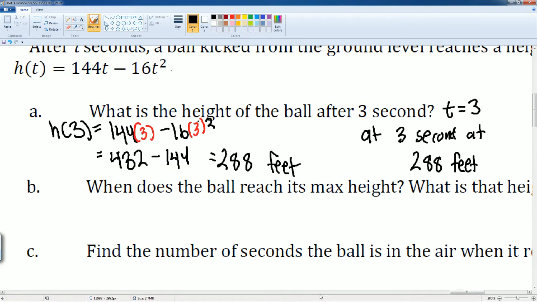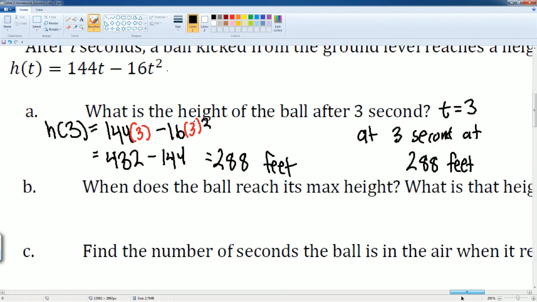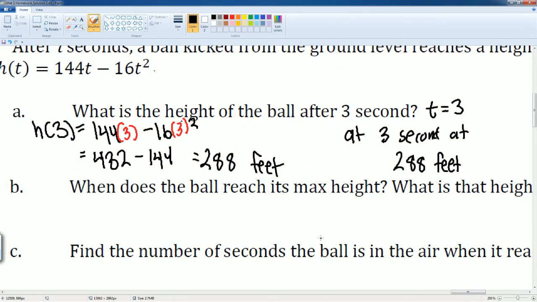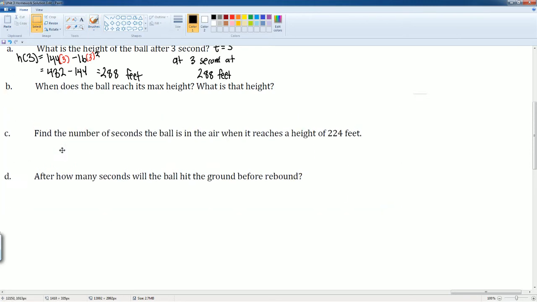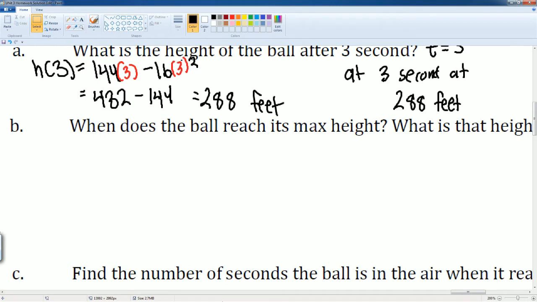Next, when does the ball reach its maximum height? What is the height? Well, the maximum height is just looking at the vertex, okay? So here, if we look at the vertex, the value of the vertex is h comma k.